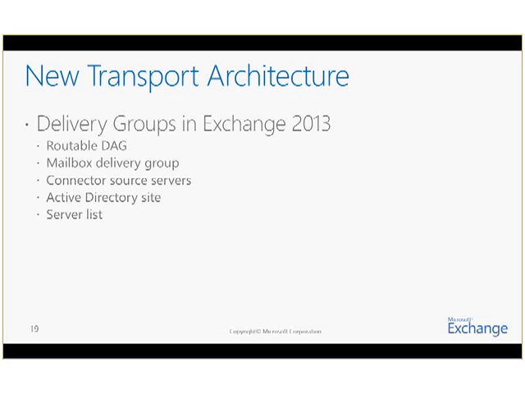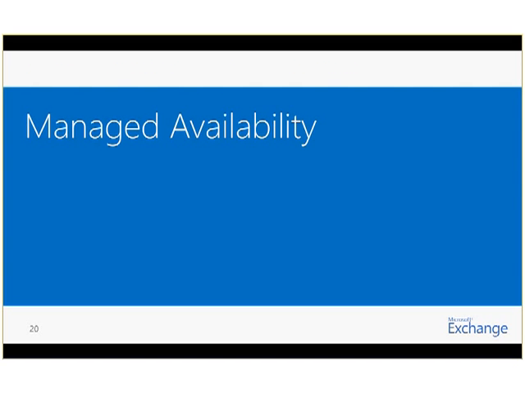The next one is Active Directory sites, and that's used when the Active Directory site is configured as a hub site. And the last one is the server list, which is simply a collection of one or more Exchange 2010 hub transport servers or Exchange 2013 mailbox servers that are configured as distribution group expansion servers.